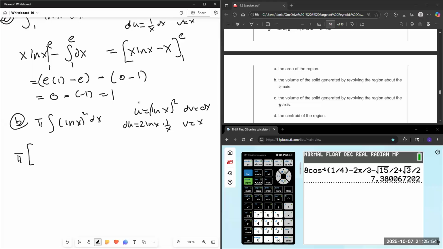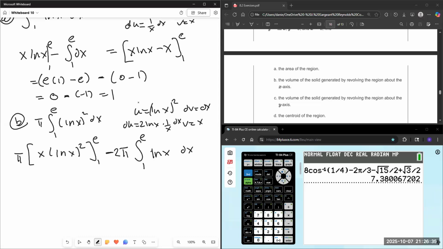Pi times uv, x ln of x squared, from 1 to e. Minus, don't forget your multiplier of pi, the integral from 1 to e of v du. The x and the 1 over x cancel each other out.